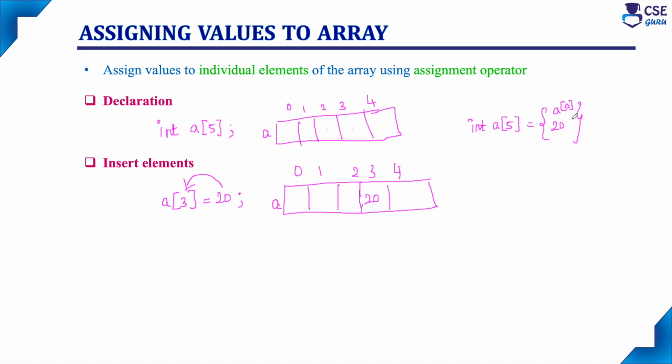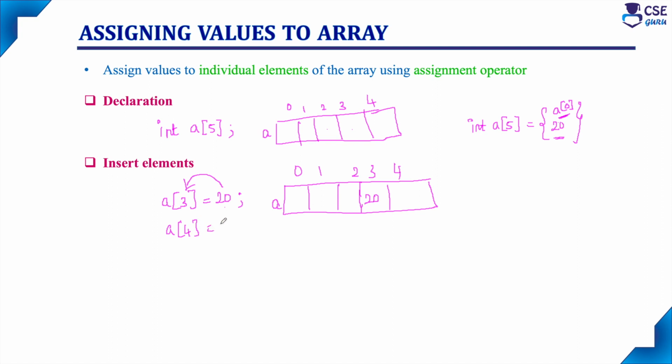So if you want to assign a value to the A of 3 location, the previous locations must first be assigned, and then only will it occupy the third location, that is A of 3. Suppose you assign like this, it will be assigned to A of 0 only. But in the second method, it is possible to assign values to any location directly. A of 4.